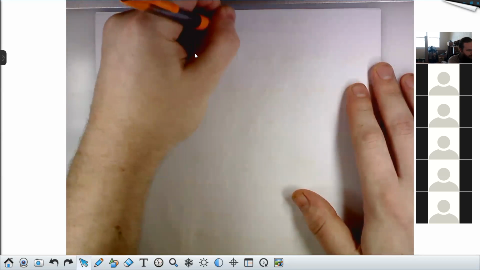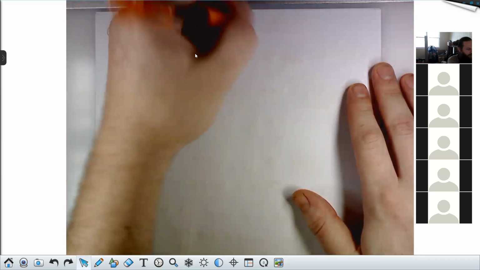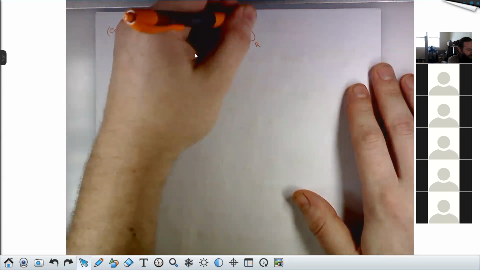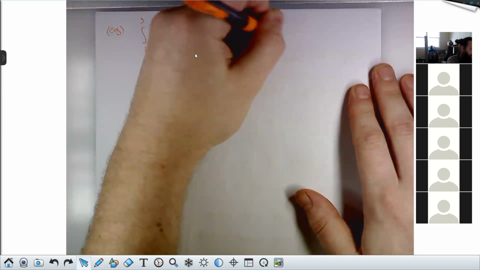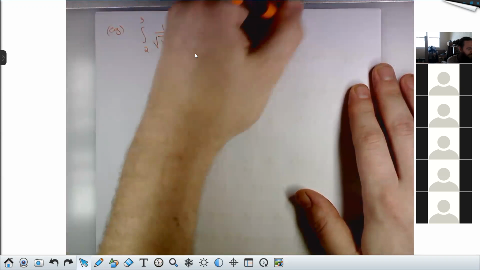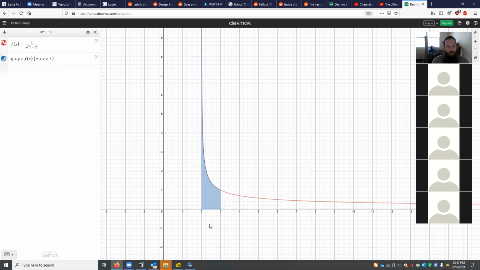This will be the limit as r goes to 2 from the right, integral r to 3, 1 over the square root of x minus 2 dx. Does everybody see that? So I gotta think of r as being somewhere between 2 and 3. And then I'm gonna find the area from r to 3, and then I'm gonna let r sneak up on this problem point.